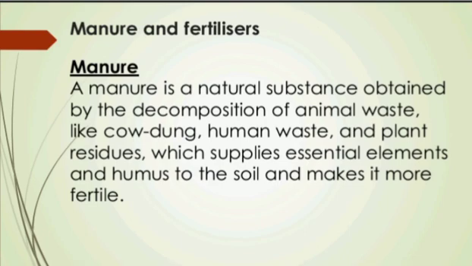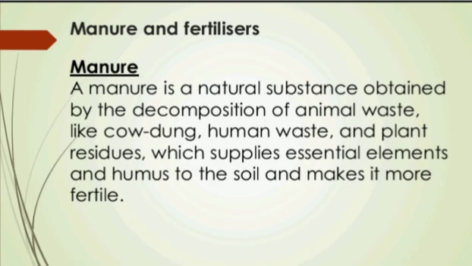Now we have already learned about vermicomposting in class 6. You can remember it. Now a manure improves the soil texture and water and air retention. Manure is however very bulky and voluminous due to which it is inconvenient to store and transport.